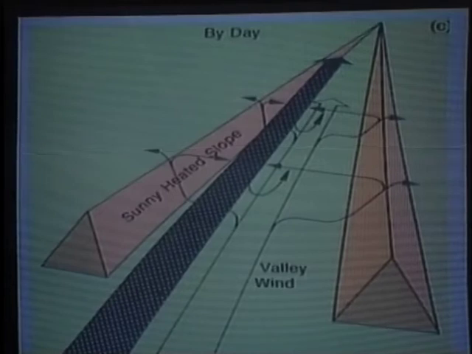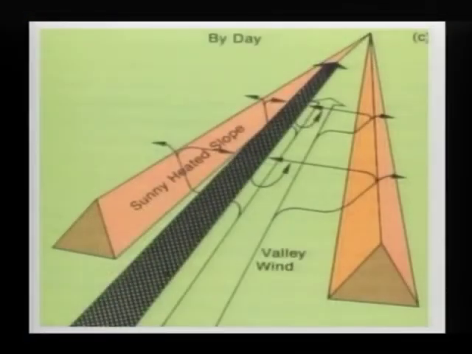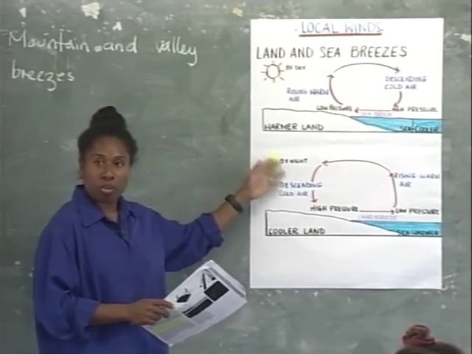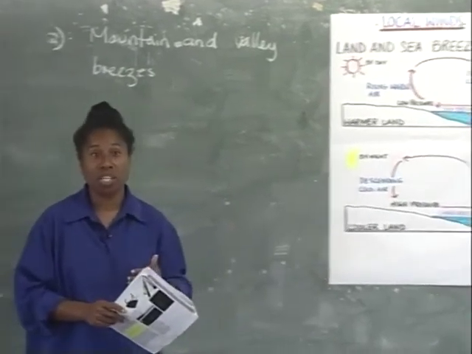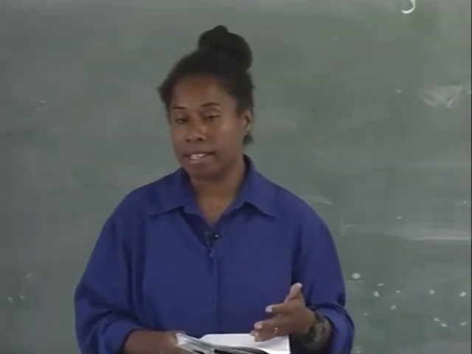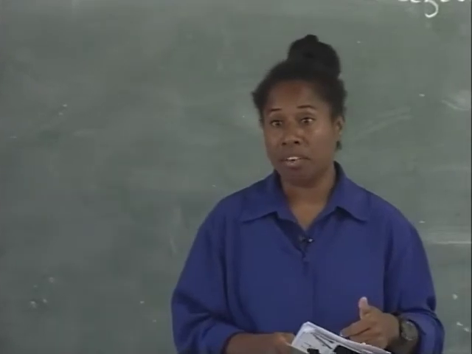Any questions on the example now of the mountain and valley breezes? The concept is very similar to what we have looked at on the land and sea breezes. Both of them have to do with temperature differences. During the day, it gets hotter, air rises, giving rise to a low pressure area.